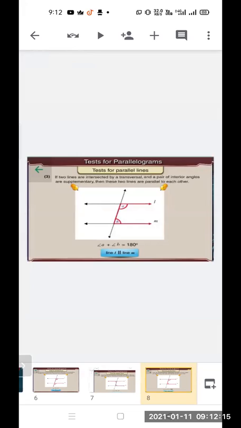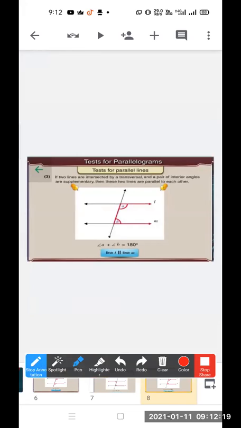to each other. So here line L is given and line M is given, and this transversal is intersecting and forming angles between the two lines.